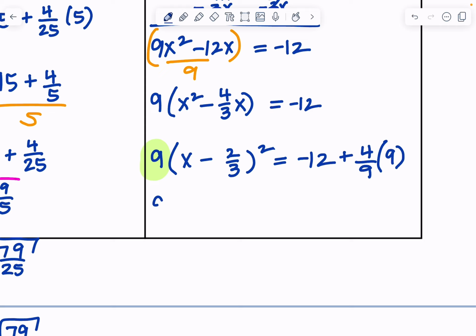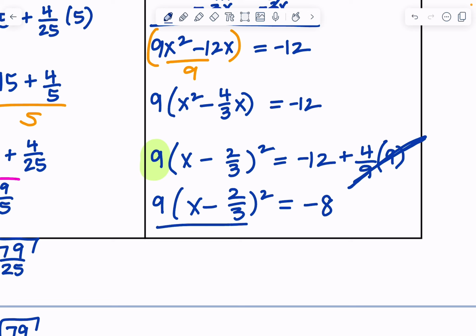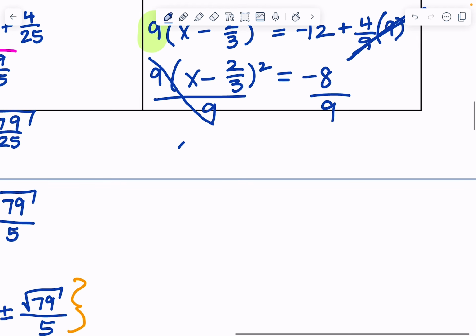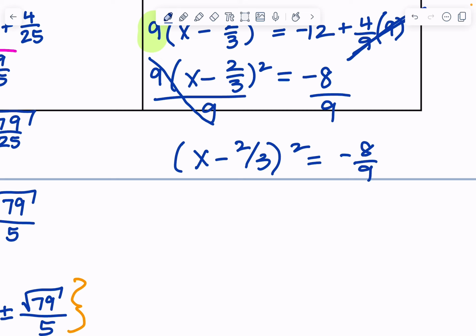All right, so we have 9 times x minus 2/3 squared is equal to negative 12 plus 4/9 times 9, which is just 4, so that would be negative 8. Divide both sides by 9. We have x minus 2/3 squared is equal to negative 8 over 9.